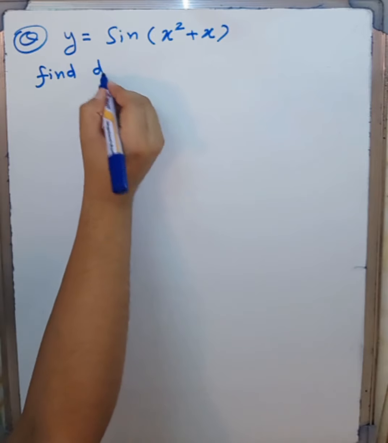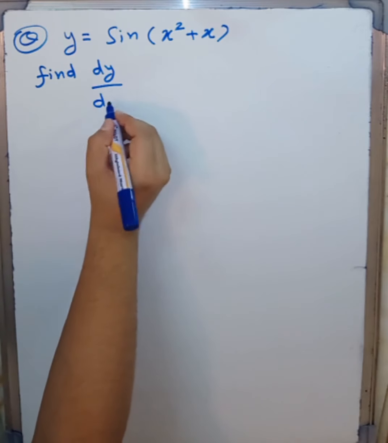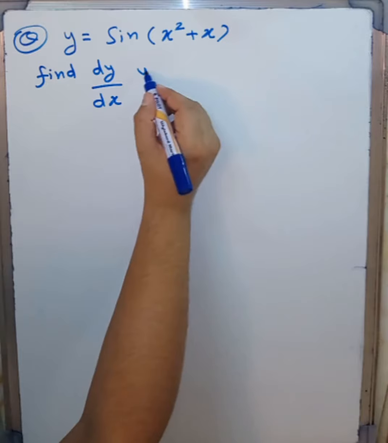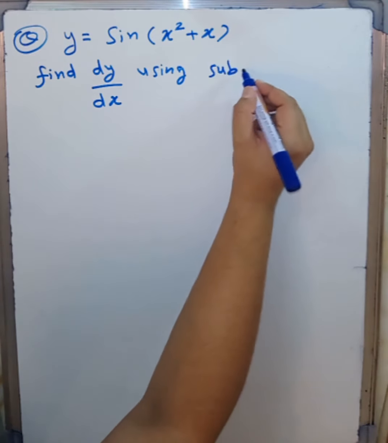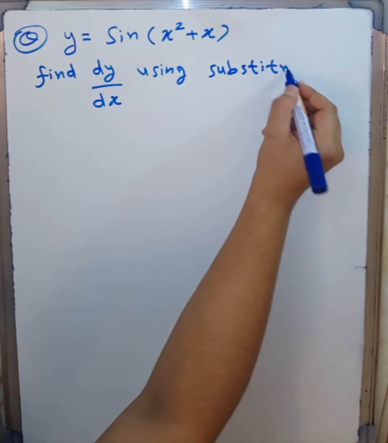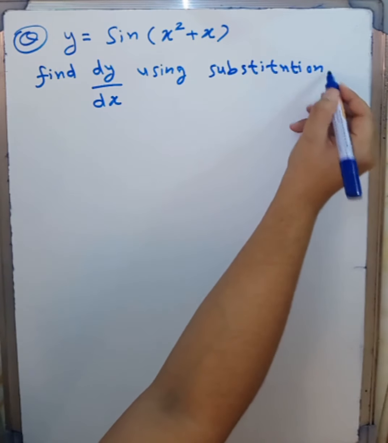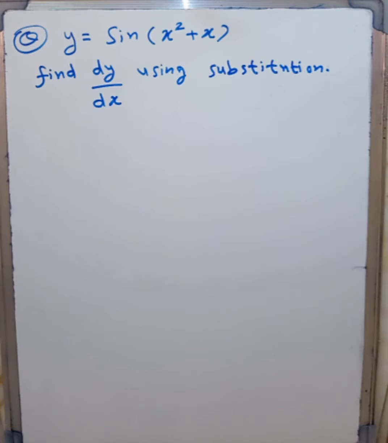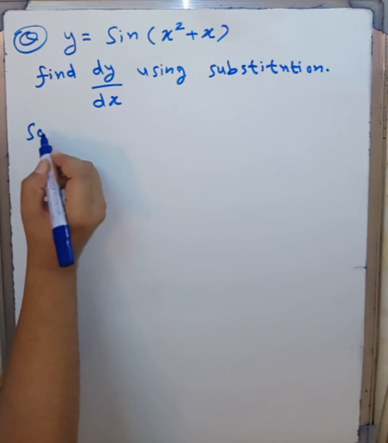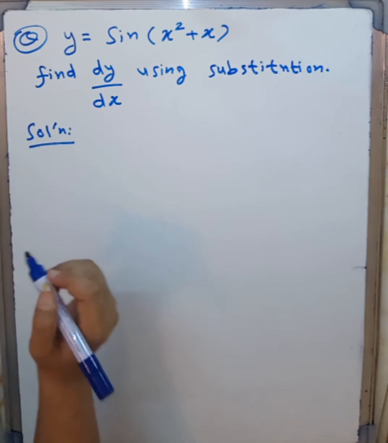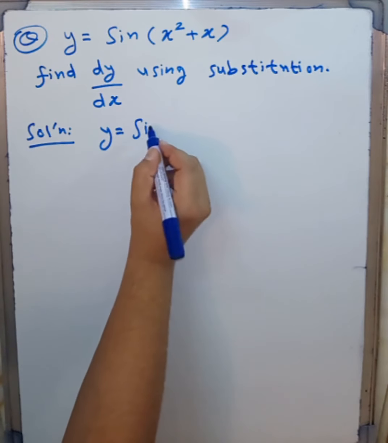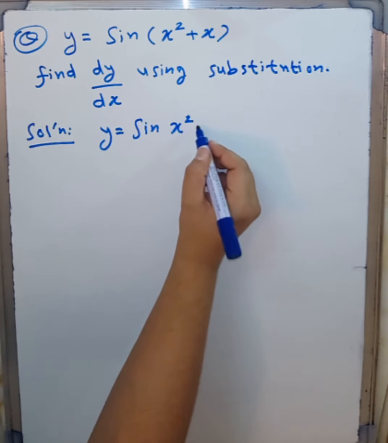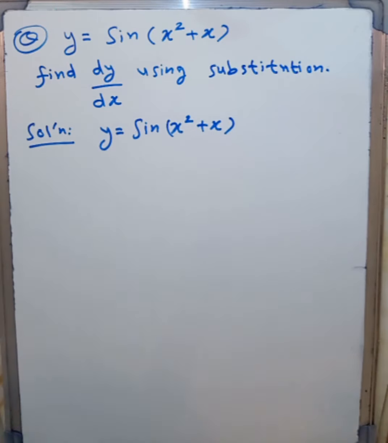Find dy by dx using substitution. So let us solve it. y equal to sine of x square plus x.